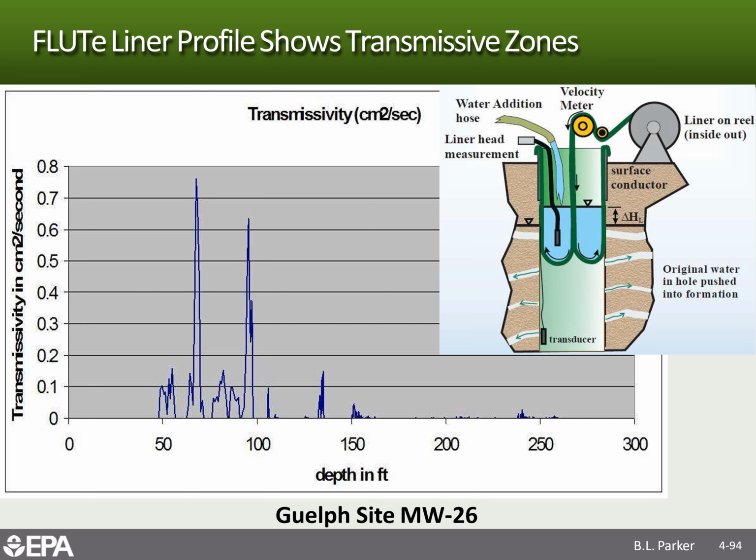The more transmissive the fracture is, the quicker the liner goes past that point. So you can record the velocity of the liner going into the hole and correlate that with the transmissivity of these individual flow zones, individual fracture zones rather.